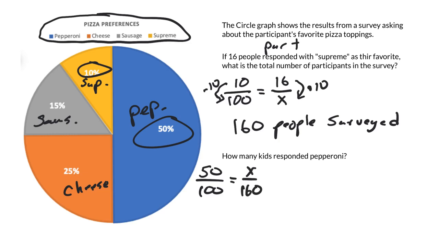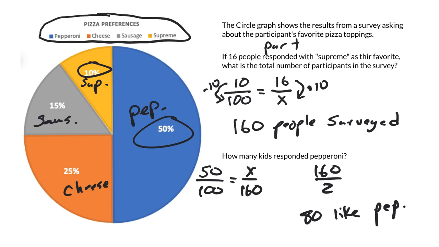And you could solve that, noticing the connecting number going from the bottom to the top, you divide by 2. Or you can just take, since it's 50%, you know that's half, you can do 160 divided by 2. That's what I would do. And it would just be 80 people or kids like pepperoni. Good old pepperoni pizza. Yum.